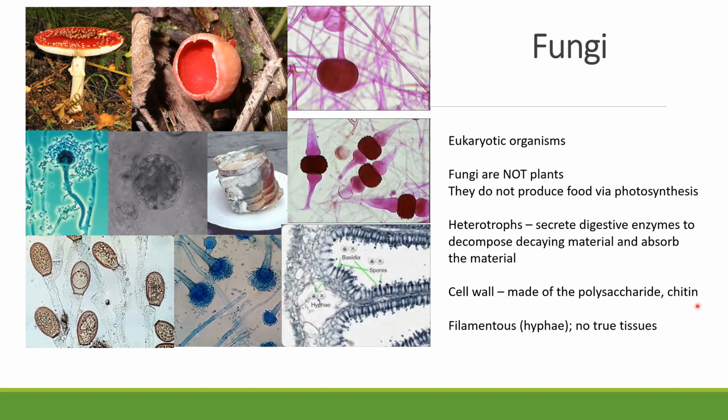So their cell wall is made of chitin. Chitin is a very tough material. It's the same material that comprises the exoskeleton of insects. It's also the exoskeleton of crabs. They are filamentous, and we'll discuss this later, and they do not have true tissues.